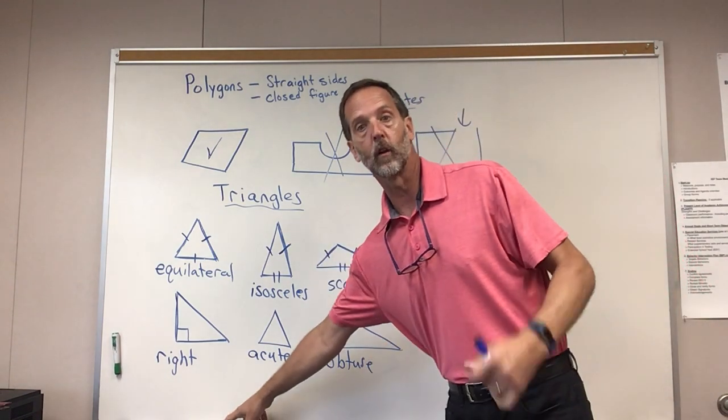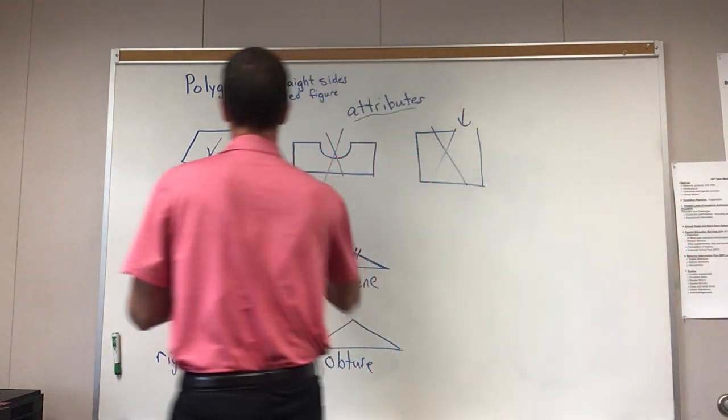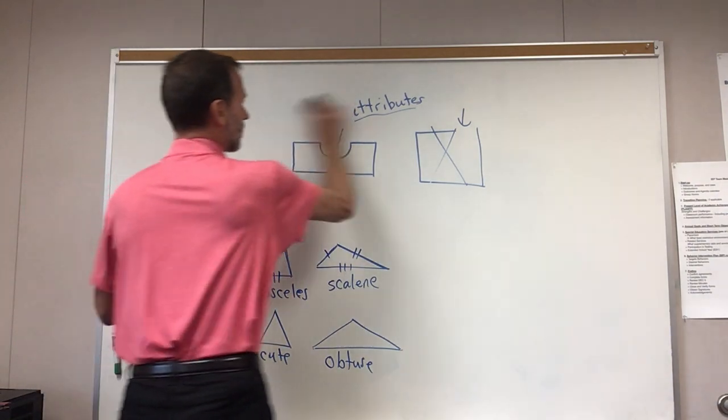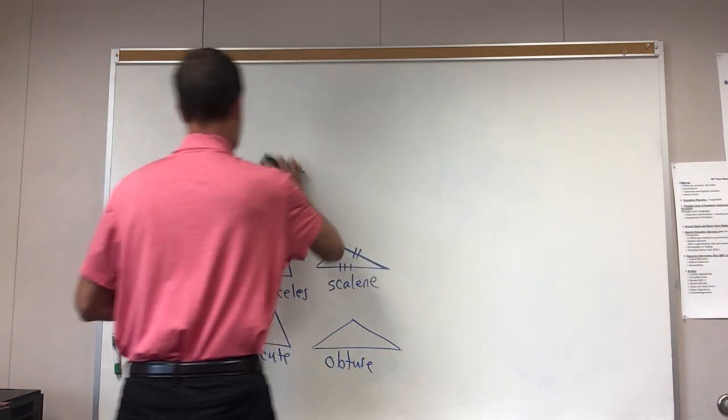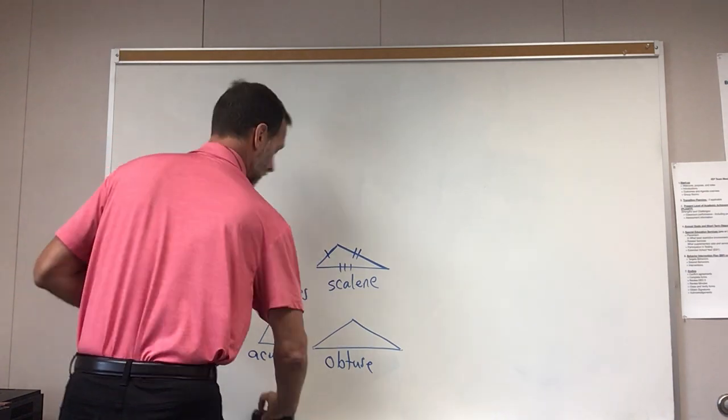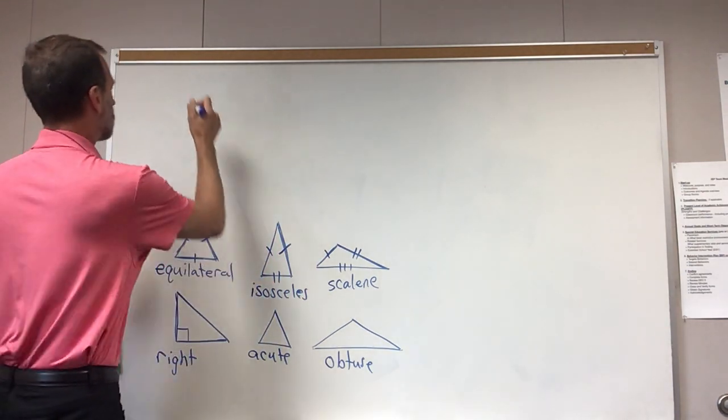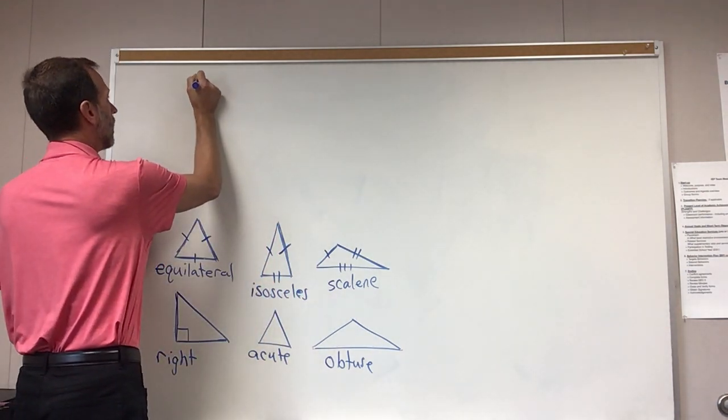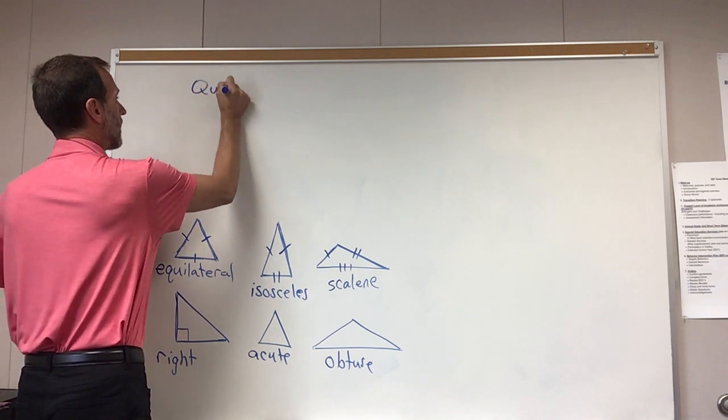All right, now let's take a look at four-sided figures. Our four-sided figures are called quadrilaterals.